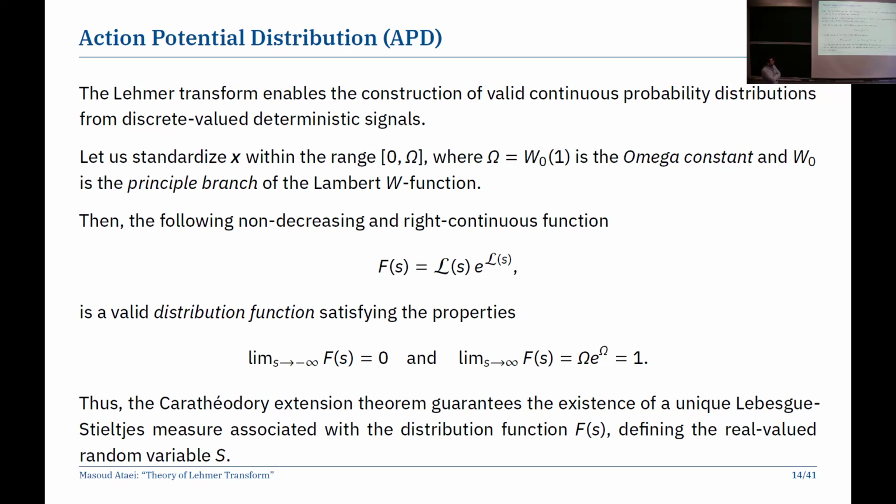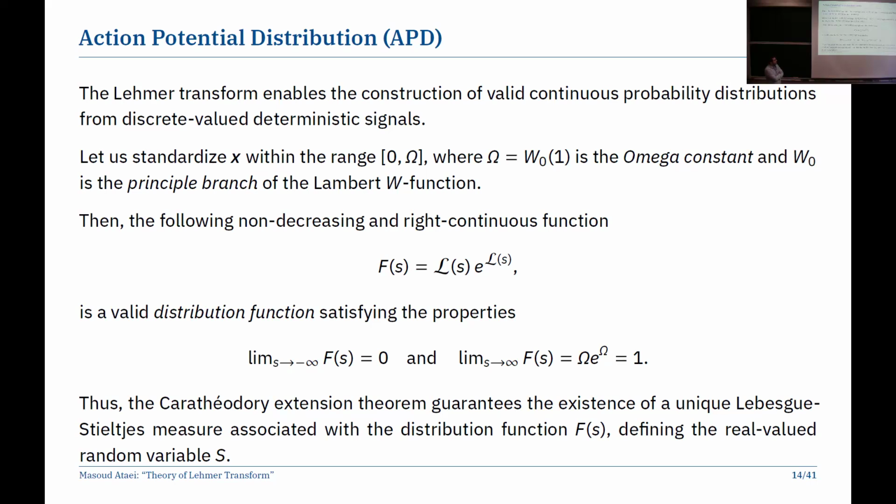This function is non-decreasing and right continuous. And if we standardize the data between 0 and omega, where omega is the Lambert function evaluated at 1, then as s goes to negative infinity, the Lehmer transform approaches the minimum of the sample, which is 0, making the function f being equal to 0.